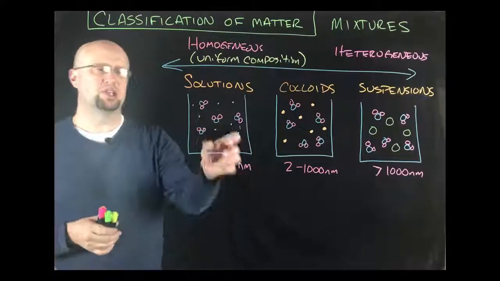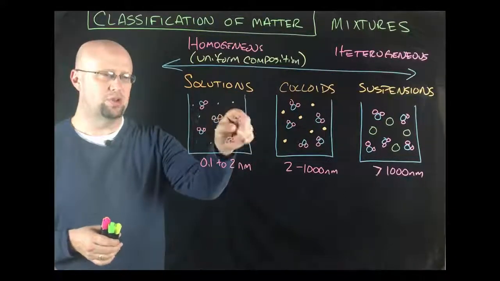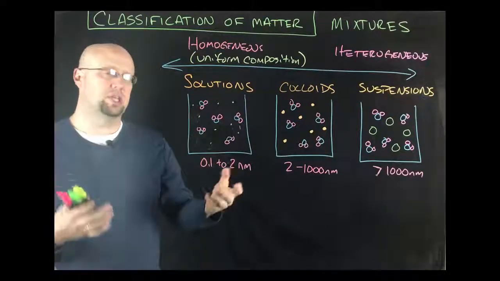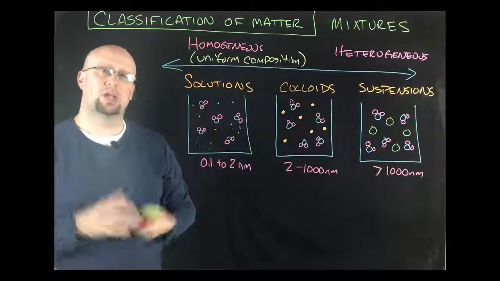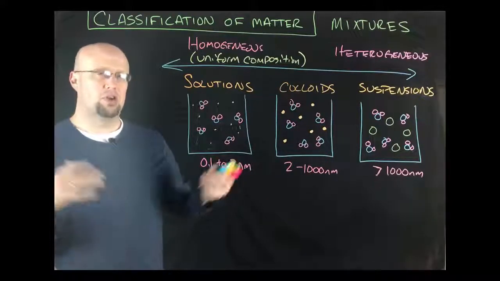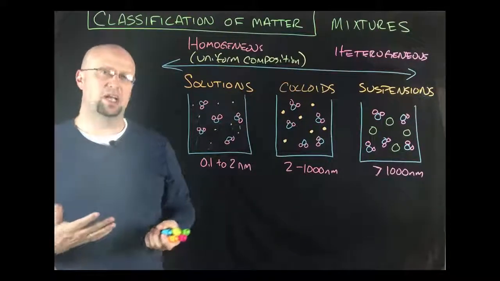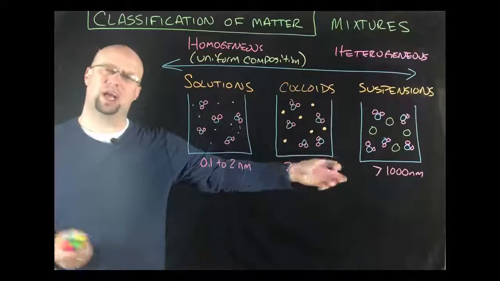So what about solutions? Well, in solutions, the particles are really small. I've got these really small dots, and you'll notice there are two different ones. If you dissolved a salt in there, you'd have sodium and chloride ions. Or you could dissolve something like sugar, which, even though it's a relatively big molecule with about 40-something atoms in it, is still relatively small compared to a fat molecule that has a couple of hundred atoms.